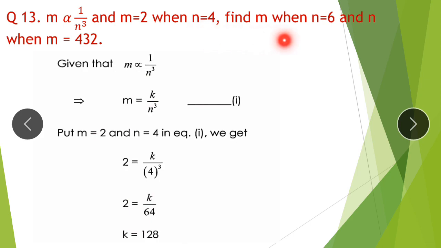Now you're supposed to find the value of m. When n is equal to 6, instead of n we can put 6 and then cube it. We already have the value of k, so easily we can find the value of m.